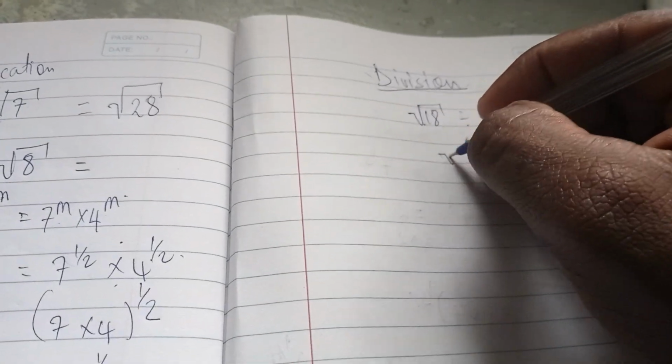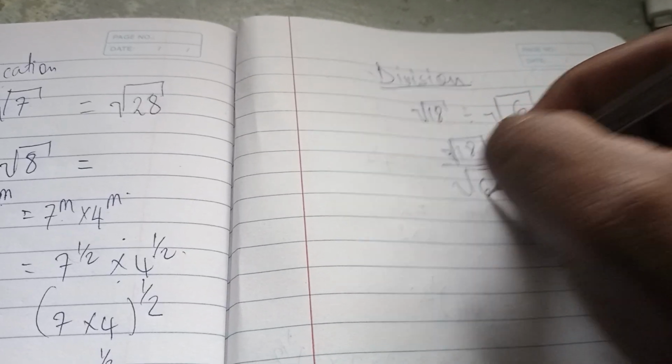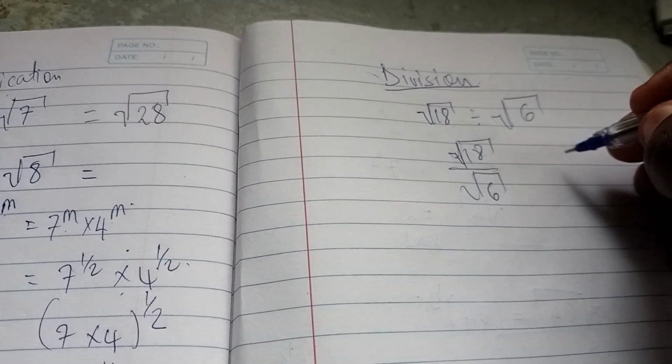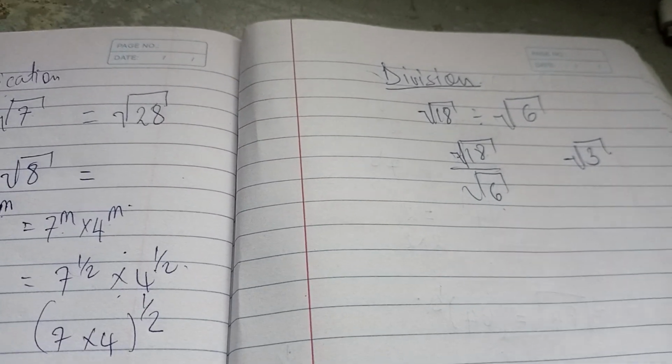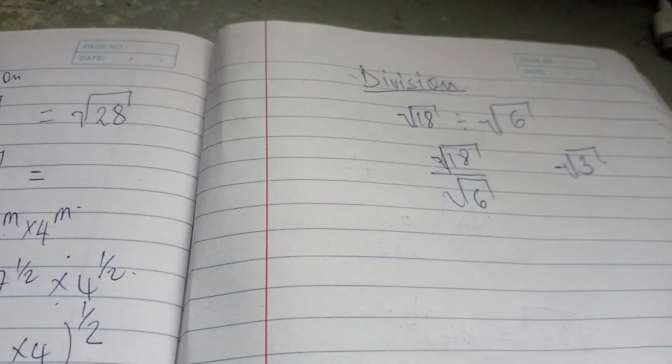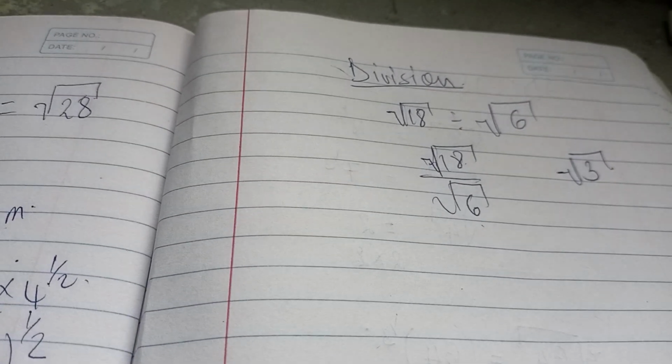So again, it's the same as root of 18 over 6. 18 divided by 6 is 3, so it's just root 3. That's how we divide radicals. Very simple.